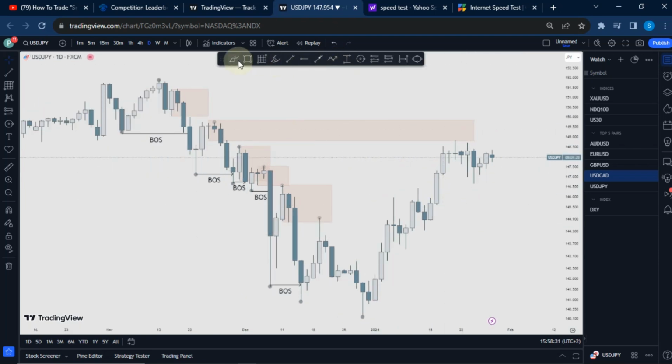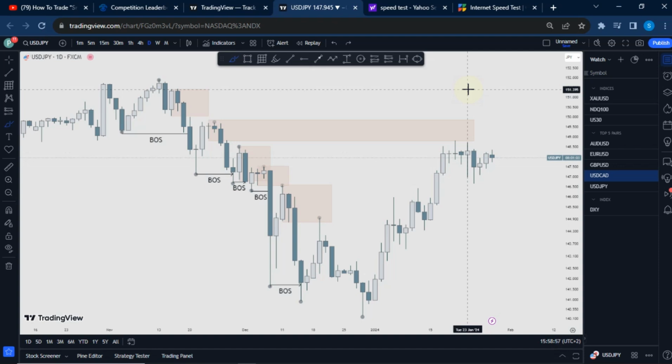So here what happened is that price has respected our daily supply, right? That was caused by the break of structure here. That caused the break of structure here. Price came and respected here. Since it's on a daily time frame, we cannot enter directly from a daily time frame.